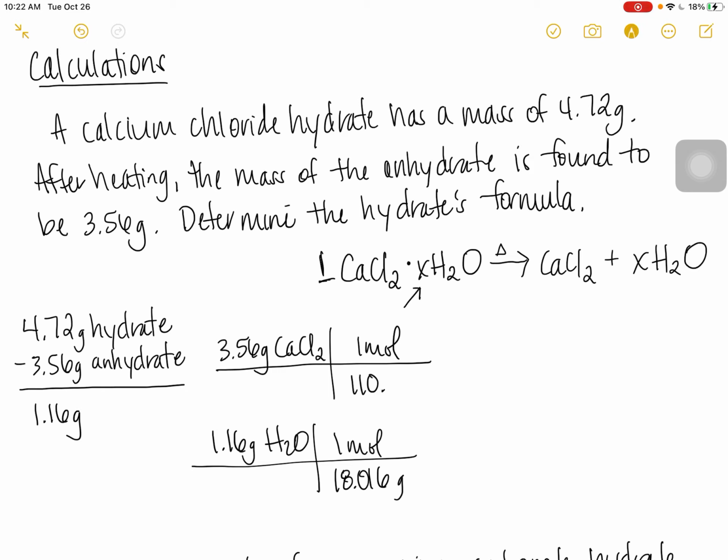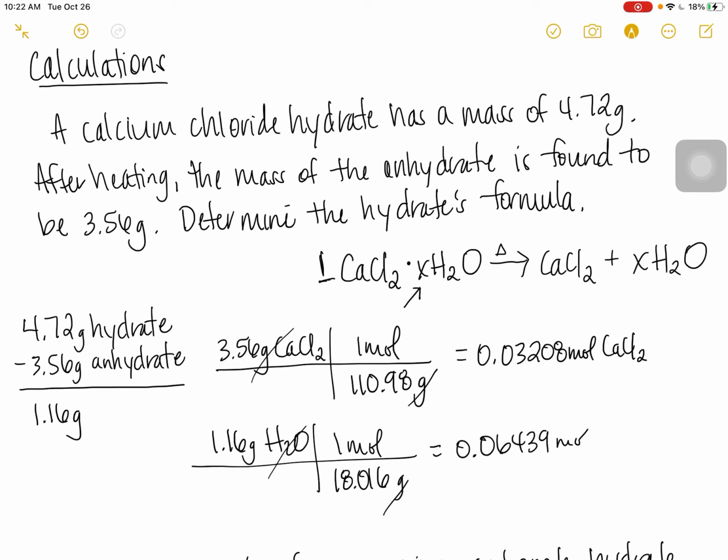And 110.98. Okay, so I do my math. We end up with 0.03208 moles of the calcium chloride, and we end up with 0.06439 moles of the water.